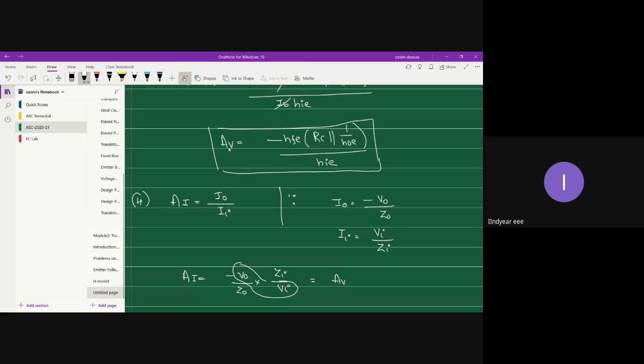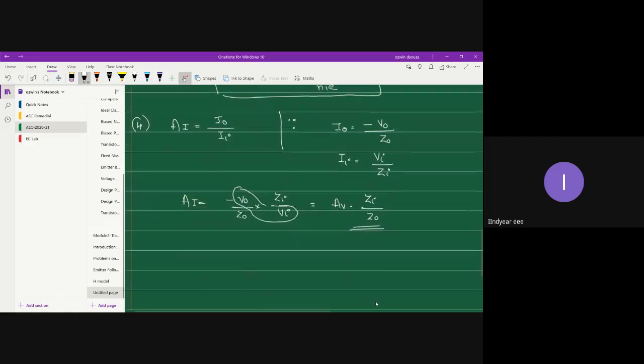It is minus V naught by VI, so V naught by VI is here. Minus of minus becomes plus, into Zi by Z naught. If you want, you can just substitute the Zi and Z naught expressions. So it is AV into Zi divided by Z naught.